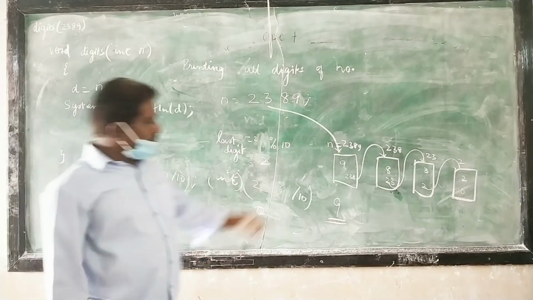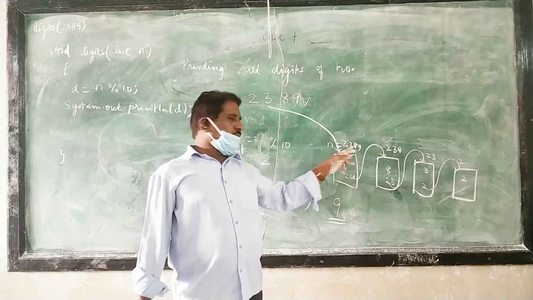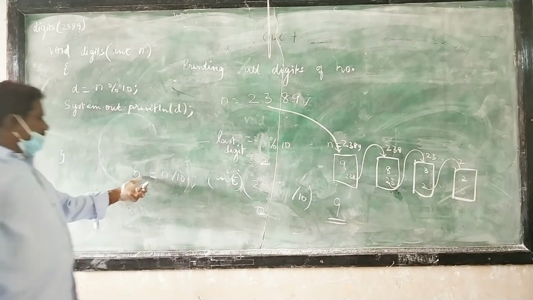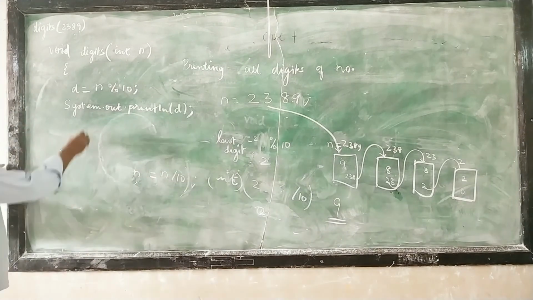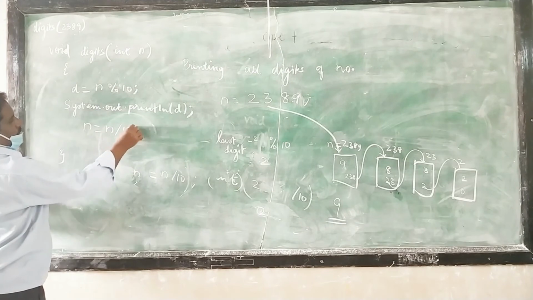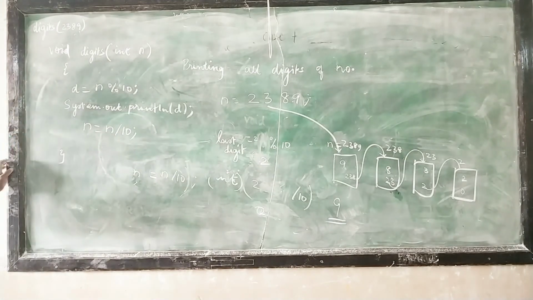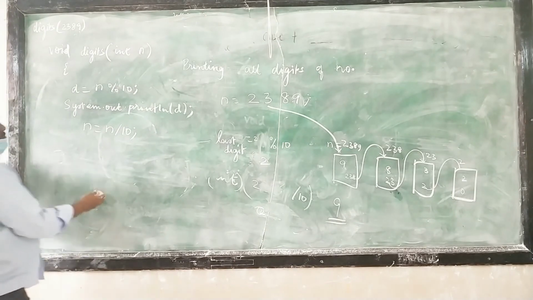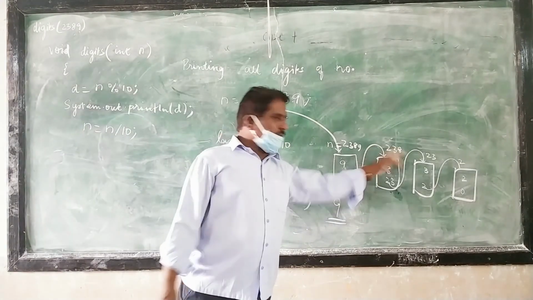Then what should we do? We have to remove 9 from the number. We have to get 238. To remove, what is the process? This is the process. n equals n by 10. It is removed. Now afterwards that 238 you have to send it.